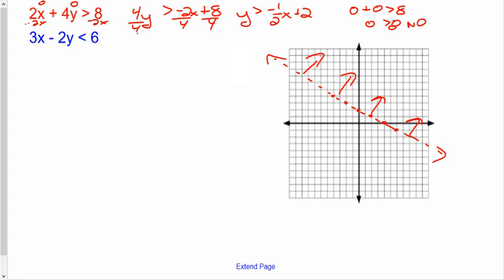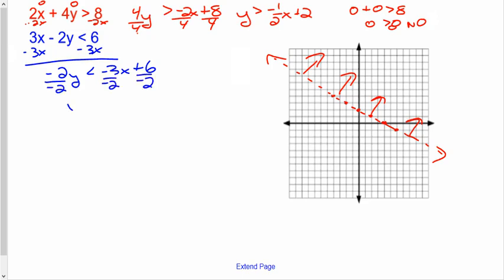Again, same process here. Going to subtract 3x from both sides, and we get negative 2y is less than negative 3x plus 6. Again, writing it in slope-intercept form. Divide by negative 2, so we get y, and then because we divided by a negative, we're flipping that sign.